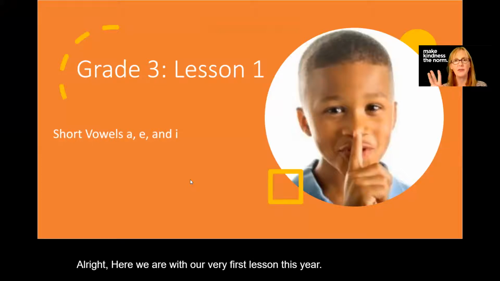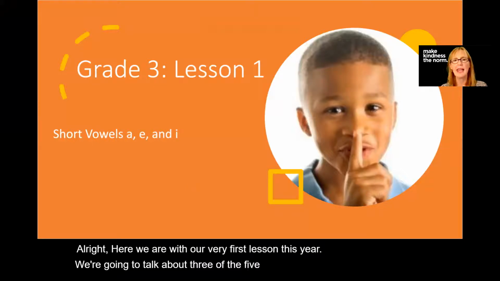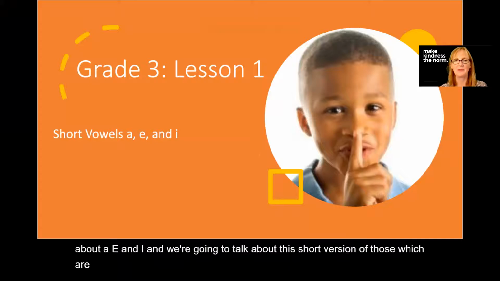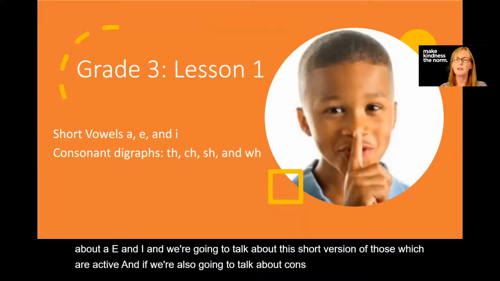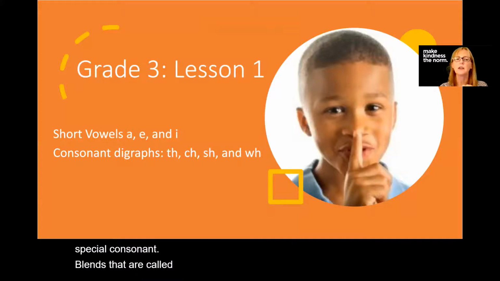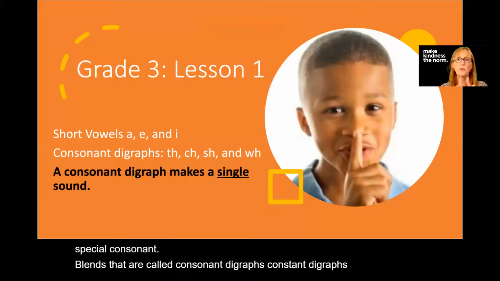We're going to talk about 3 of the 5 vowels today. We're going to talk about A, E, and I, and we're going to talk about the short version of those. We're also going to talk about a couple of consonants, special consonant blends that are called consonant digraphs. Consonant digraphs are 2 or more consonants that make 1 single sound.